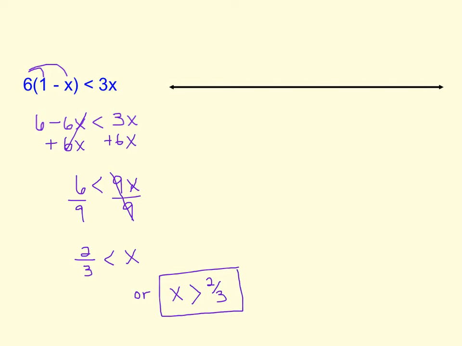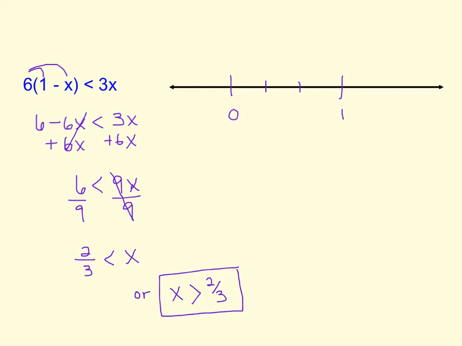Now when you're graphing a fraction, instead of putting your 3 numbers, let's figure out what 2 numbers 2/3 lies between. 2/3 is between 0 and 1. And where is it between 0 and 1? Well, it's 2/3 of the way to 1, so it's going to be right around there. Another way to think about that is to take the space between 0 and 1 and divide it into thirds.